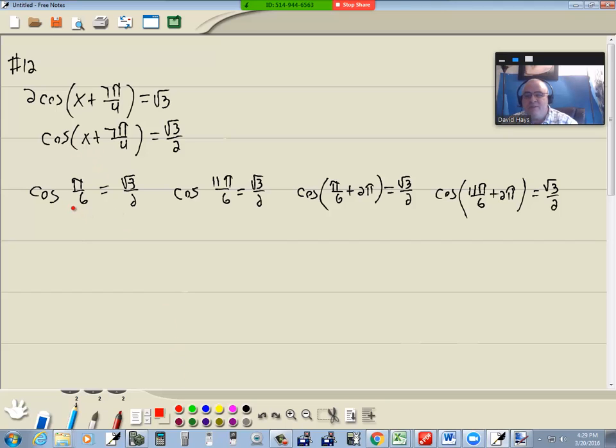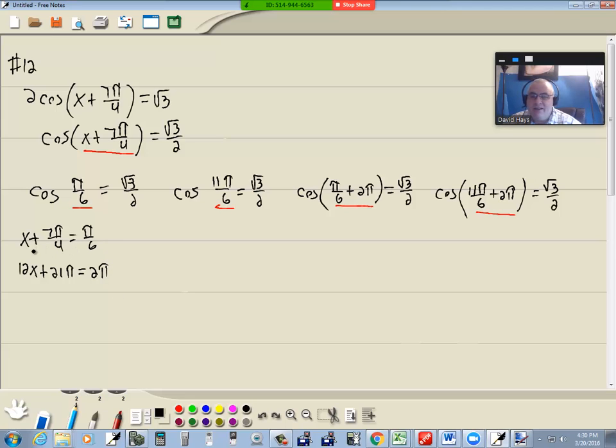Now what we do is we take each one of these values that we found, and we set it equal to what's inside the parentheses up here. So, for example, I'm going to take x plus 7 pi over 4 is equal to pi over 6. Now if I get rid of the fractions, I multiply everything by 12. So I'd get 12x plus 21 pi is equal to 2 pi.